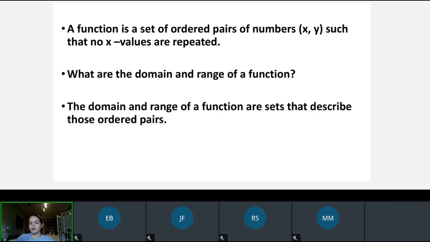What does domain represent? What does range represent? Anybody?